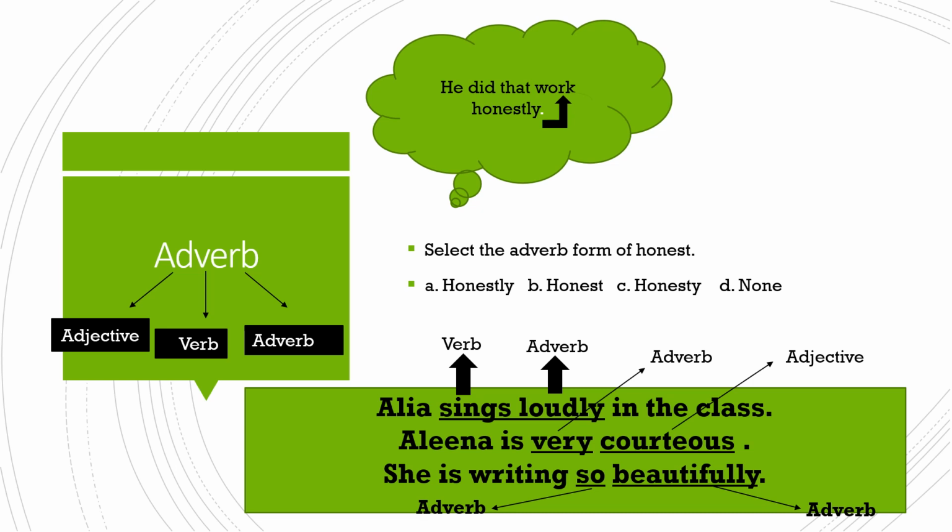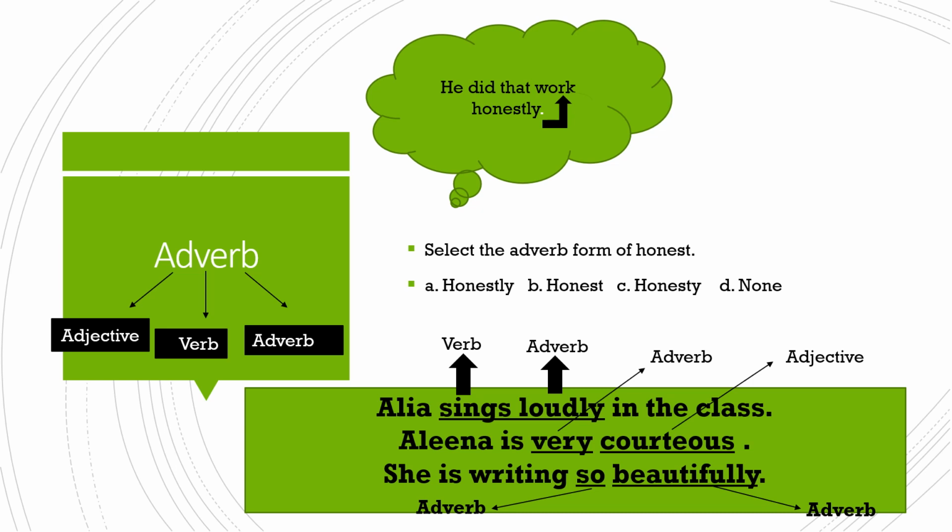For example, there is a sentence, Alia sings loudly in the class. Here, sings is a verb and loudly is an adverb. Loudly is adding meaning to the verb. So here, the adverb is qualifying a verb in a sentence. Similarly, the second sentence: Alina is very courteous.